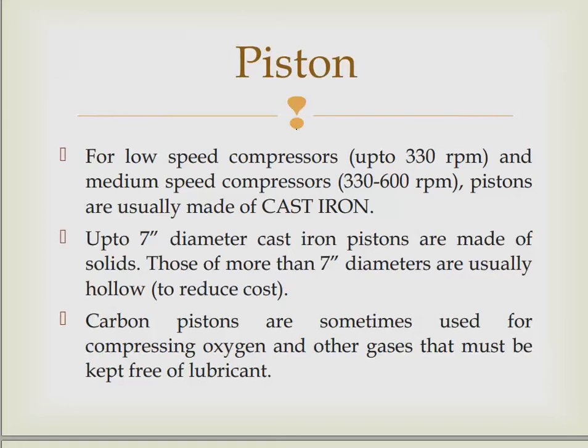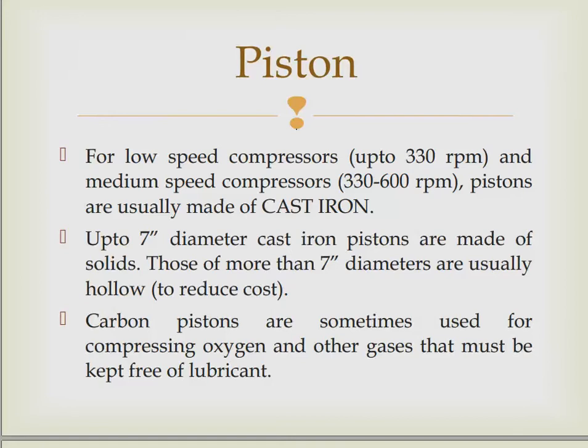For low speed compressors up to 330 rotations per minute, and medium speed compressors whose RPM lies between 330 to 600 RPM, pistons are usually made of cast iron.